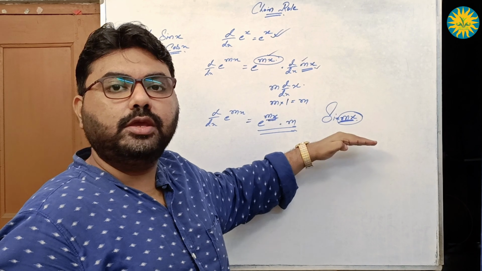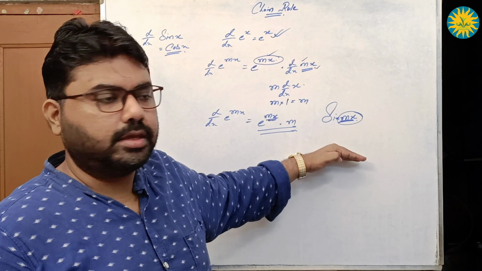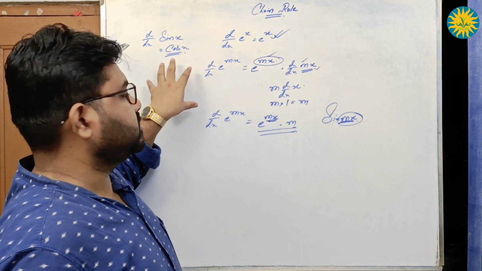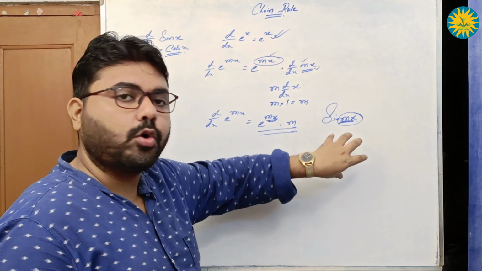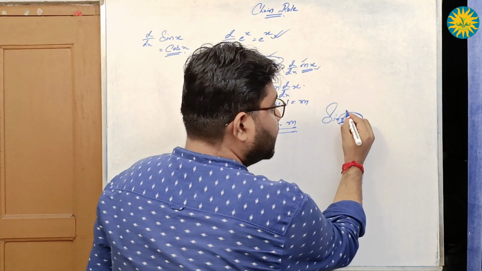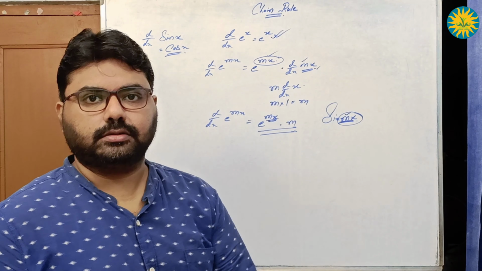Therefore it will not be only cos x. Since we know the derivative of sine x is cos x, the derivative of sine mx might seem to be cos mx. But no, m is multiplied with x, therefore it's a separate function.